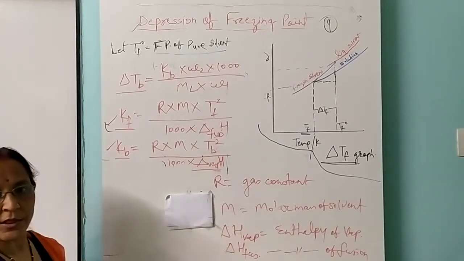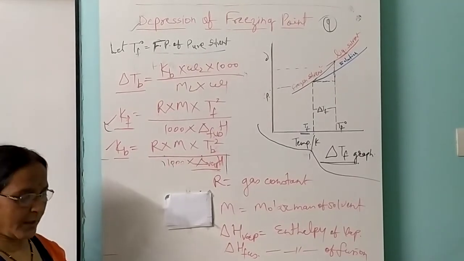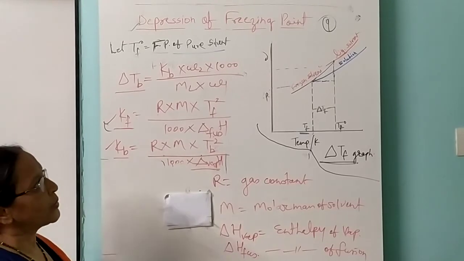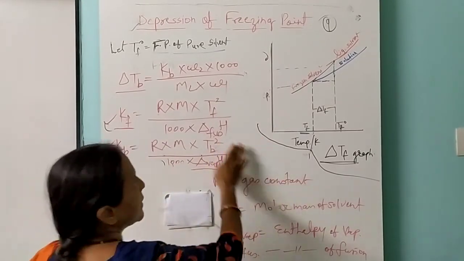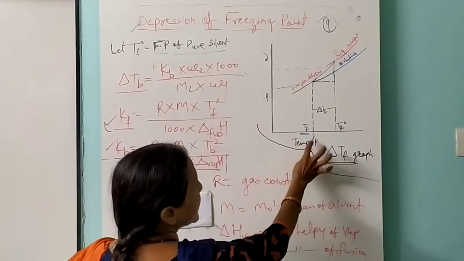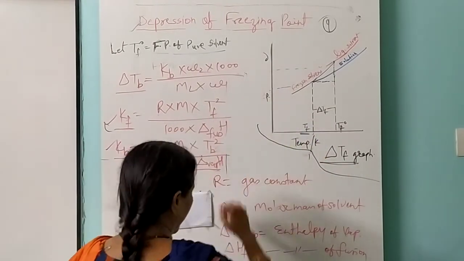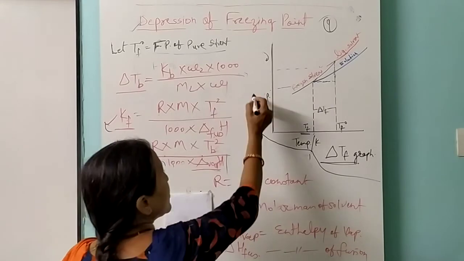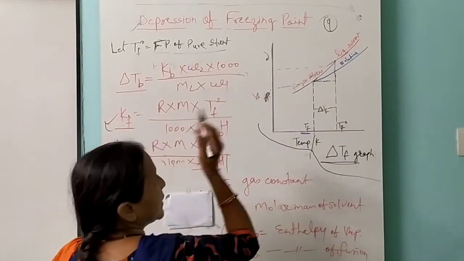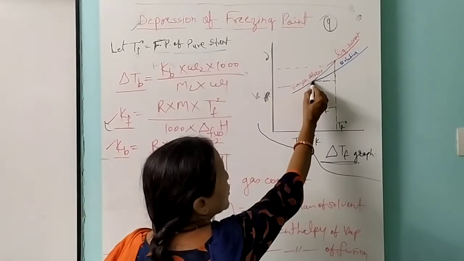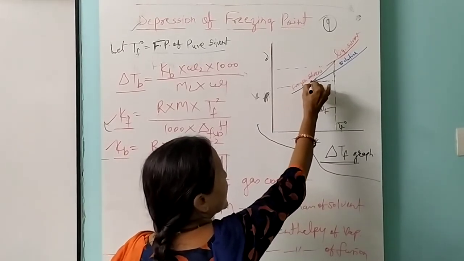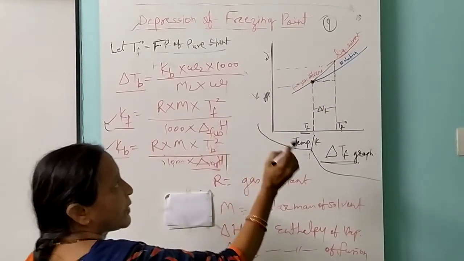Now here students, the graph is simple. Whatever we have written, this is only this TF in the graph. Here it is vapor pressure, we have taken decrease in vapor pressure. This is our frozen solvent. This point is the freezing point of solvent, here frozen solvent.